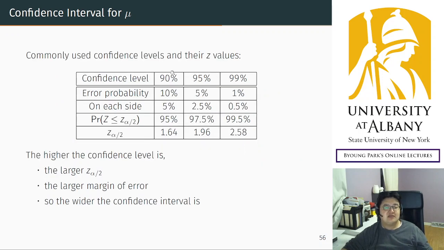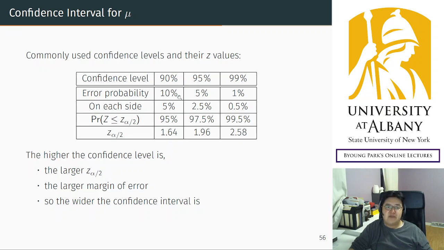And this is a very nice summary for you for typical confidence levels. Typically three confidence levels are commonly used, and the most standard is 95%. But it depends. These three are the most standard ones, and 90% confidence level implies 10% error probability.